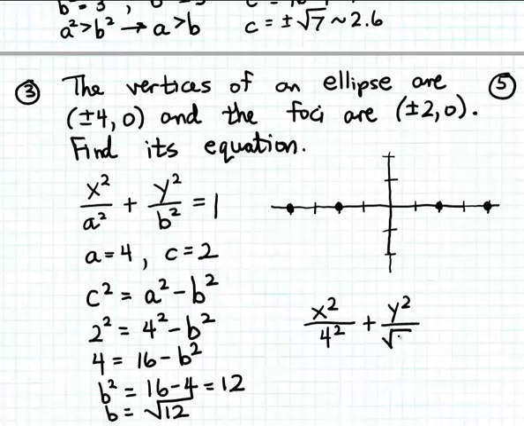So that's going to be the square root of 12 squared, equal to 1. And now if we just simplify a little bit, we get that x squared over 16 plus y squared over 12 is equal to 1. And so there's the equation for the ellipse that's described in this problem.